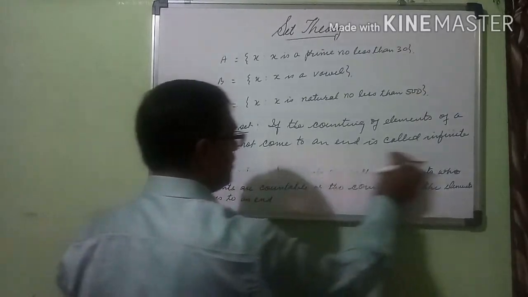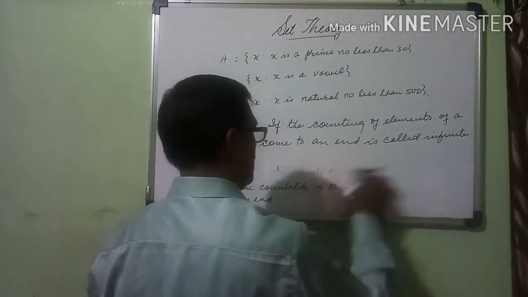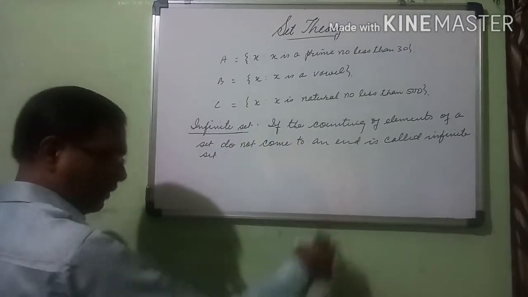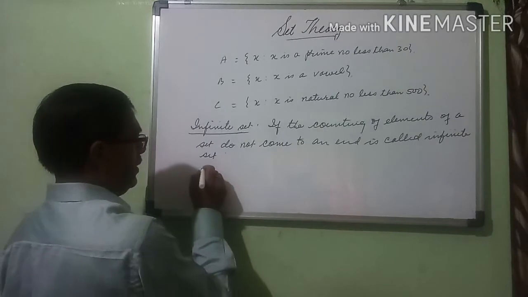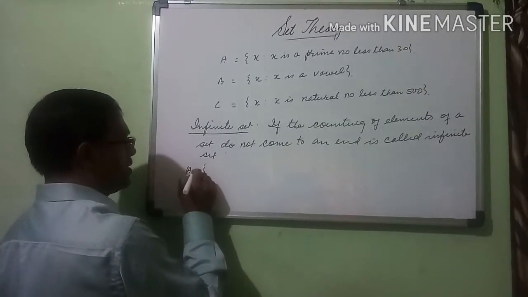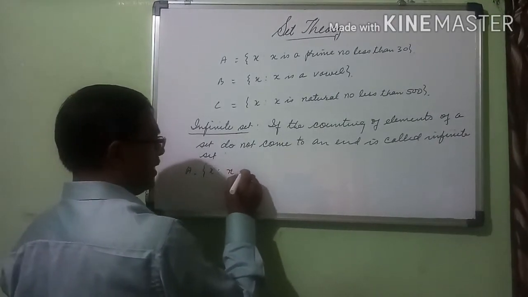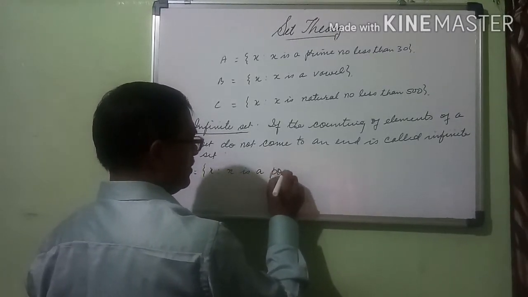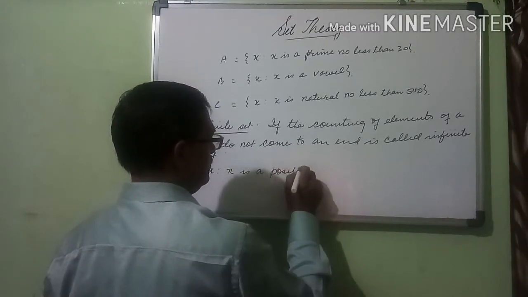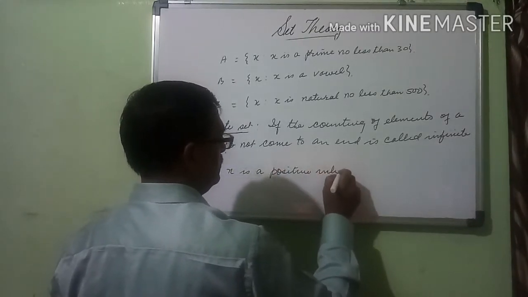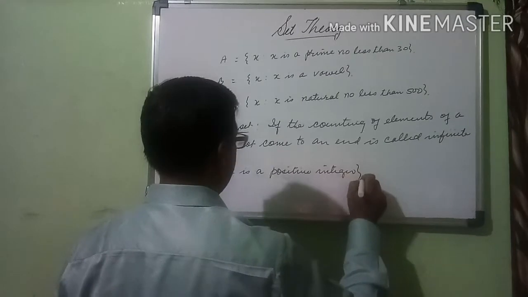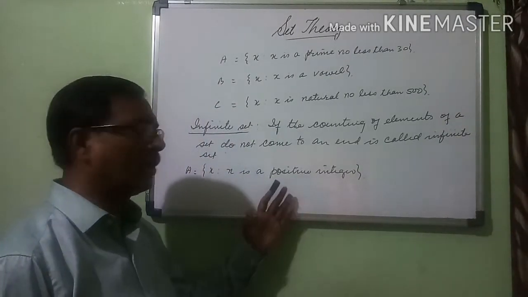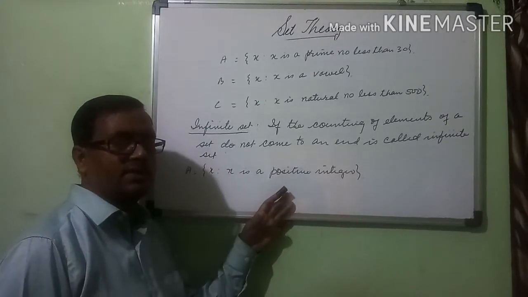Let us take another example here. A is equal to x such that x is a positive integer. It does not come to an end. That's why it is called an infinite set.